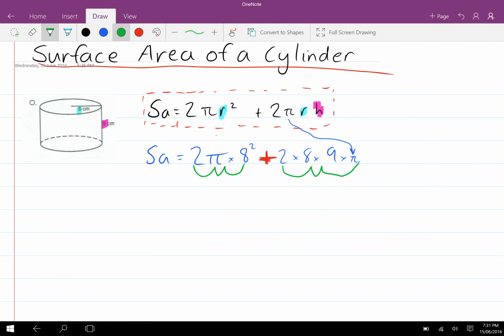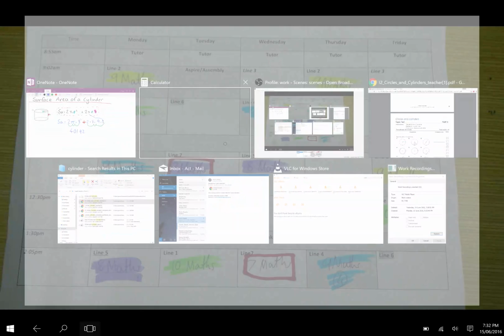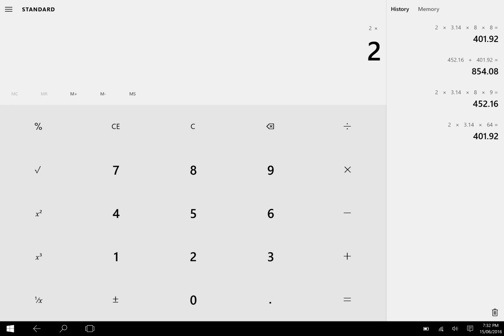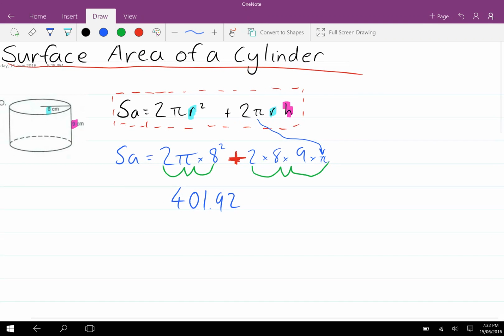So all of this summarizes to 401.92, and then we'll do our second part, 2 times 8 times 9 times 3.14, which equals 452.16.